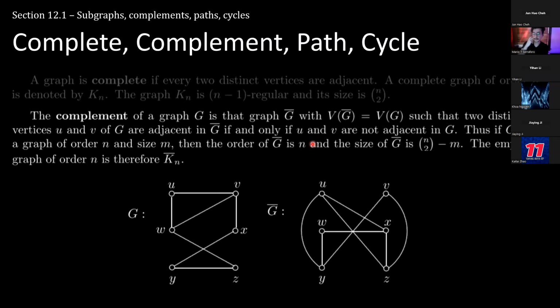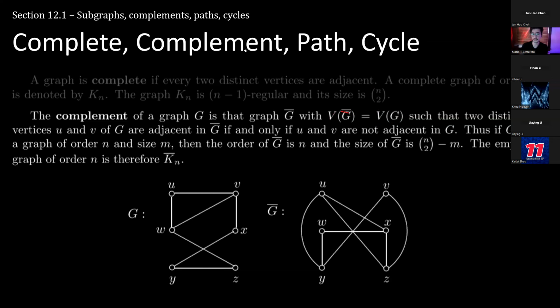Now, this is a very important concept, and that is the complement of the graph. So the complement of the graph G, which we call G bar, has the same vertices as G. So this is what it's saying: the vertex set of G is the same as the vertex set of G bar.